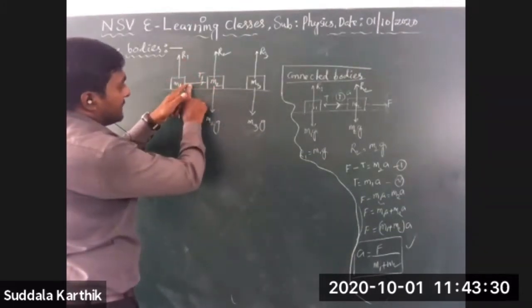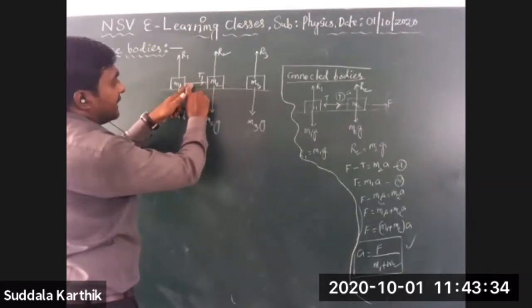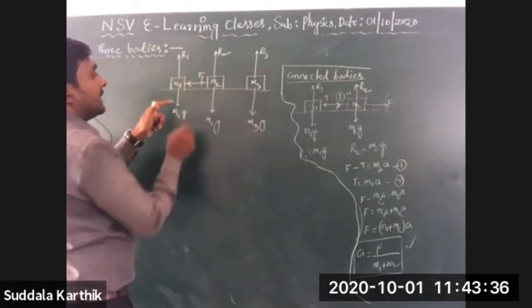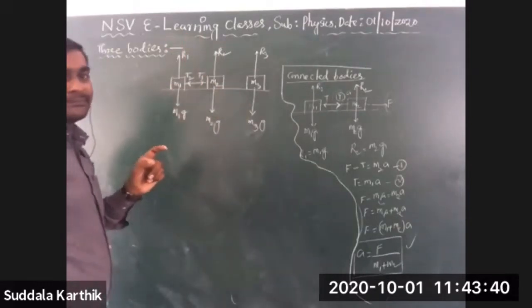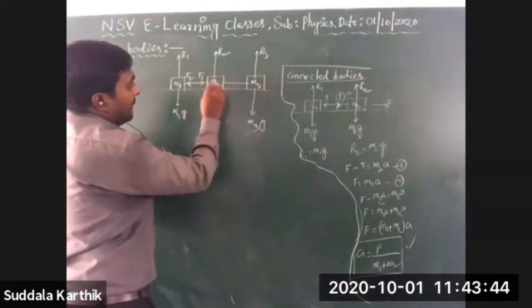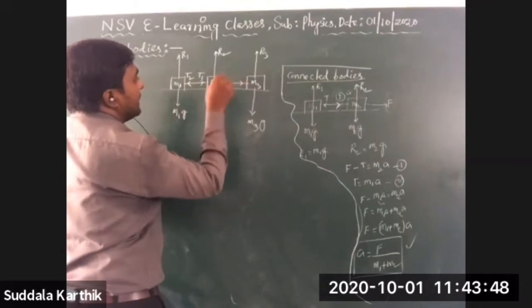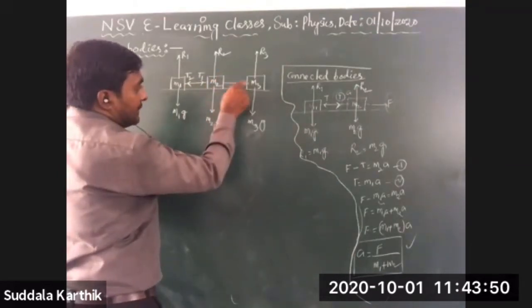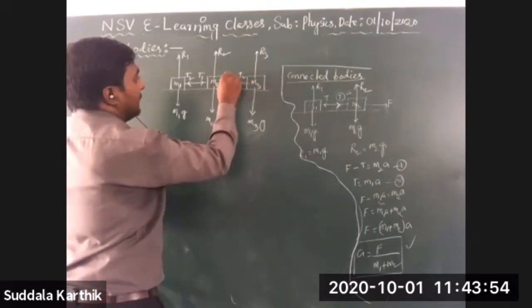Now I have attached this mass to this string, so definitely tension is developed in this string due to this one. That is T2. Now in between these two, one string is there. Due to this one, the tension developed in the string is in this direction, and due to this one, in this direction.